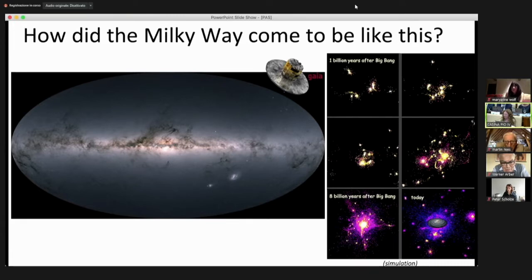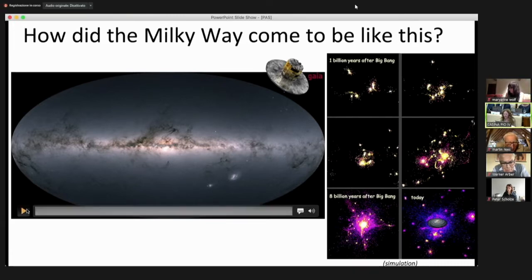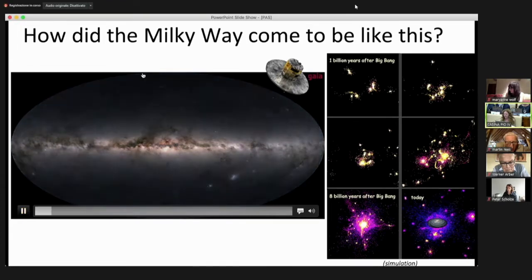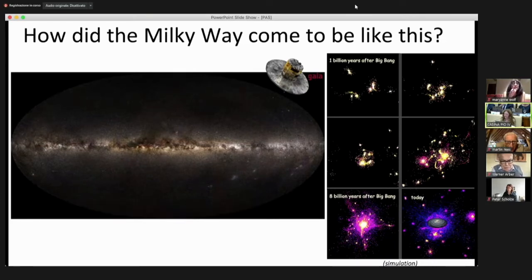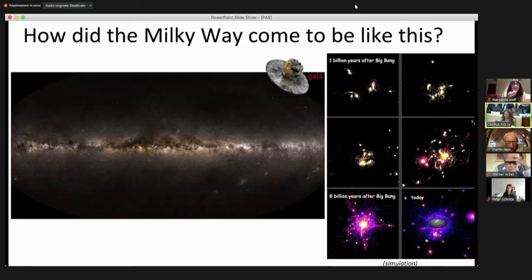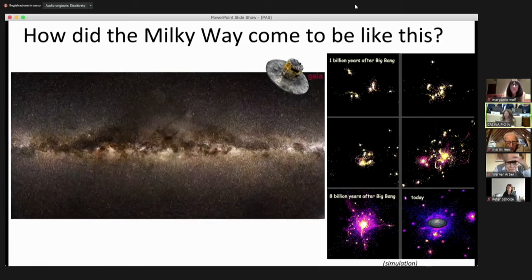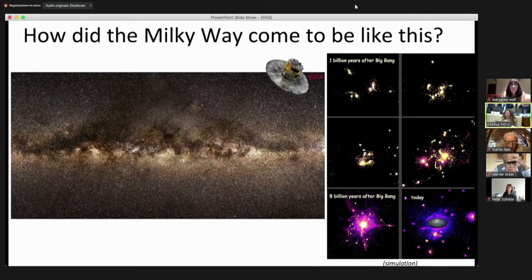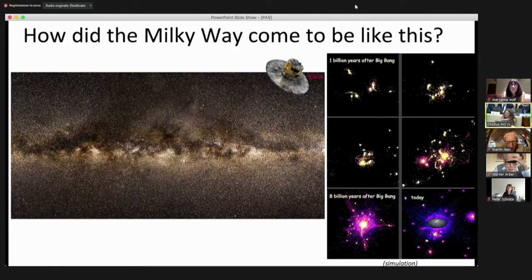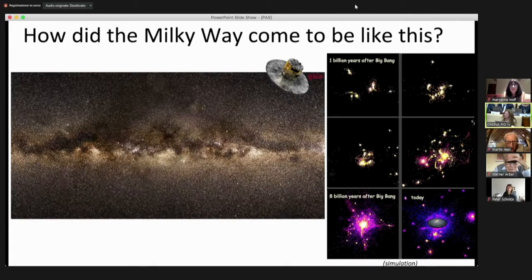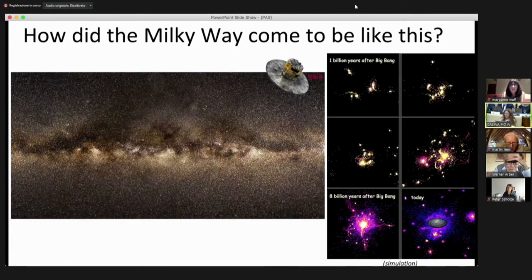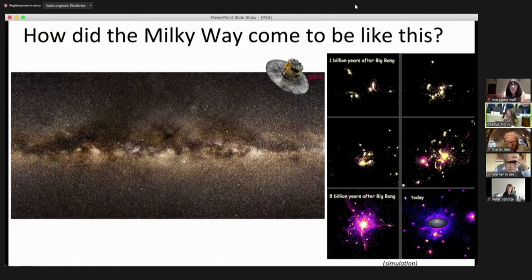So the question is, if we look at the Milky Way halo, what do we actually find? So the Milky Way halo would be stars that are orbiting in this region. And the Gaia mission has measured the motions for many hundreds of thousands, millions of these stars in the halo. And what we actually found is that the stars in the disk move in a very orderly fashion on circular orbits in the clockwise direction.